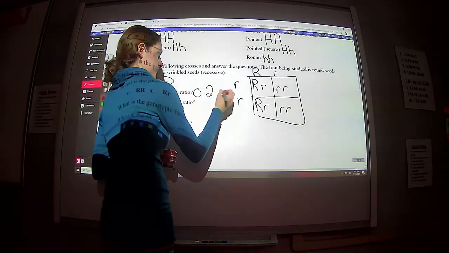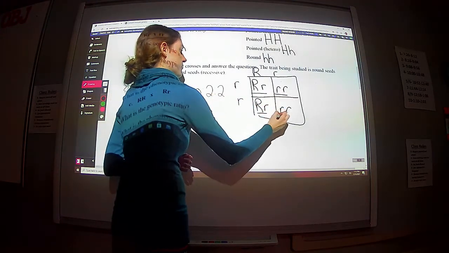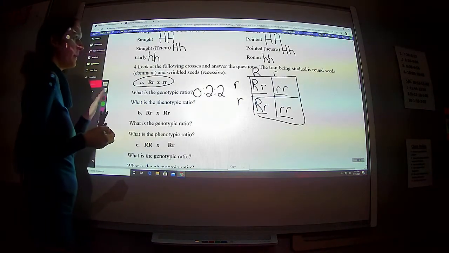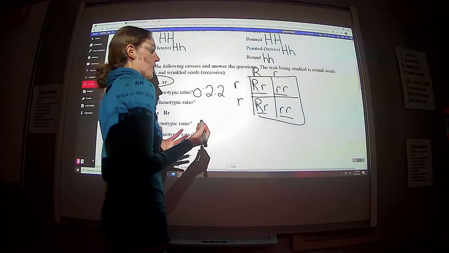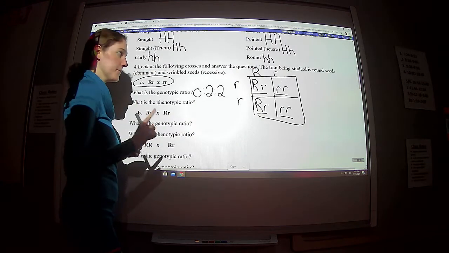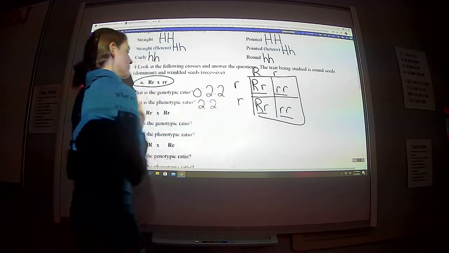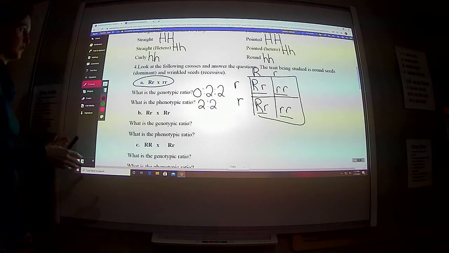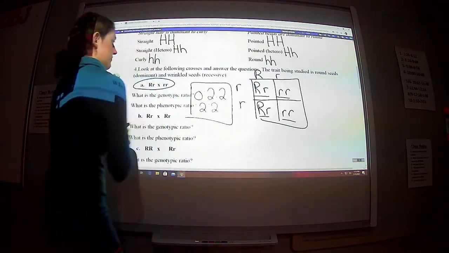Heterozygous, we have two of those, and homozygous recessive, we have two of those. Phenotypic ratio, what it looks like. So dominant is going to be round, wrinkled is going to be recessive. So if you have a round seed, that is going to be anyone who has at least one capital letter. So I have two who have a capital letter, so those two are going to be round. Two that do not, those two are going to be wrinkled. That is it. So you guys are just showing me this ratio part here.